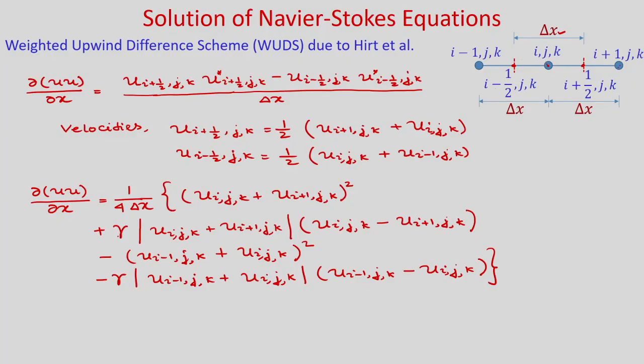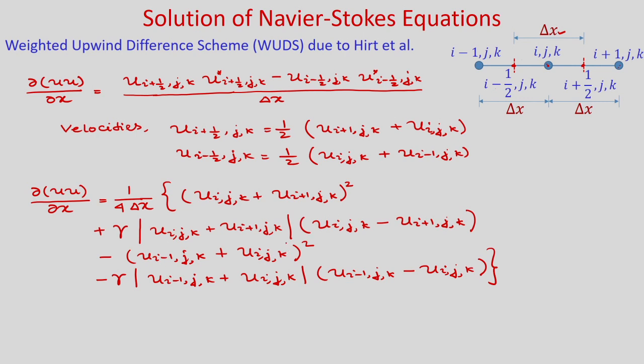So, you see this factor gamma varies between 0 and 1. If you put gamma equal to 0, what are you going to get? This term and this term will become 0, so you are going to get the central difference, because if you use central difference you will get this value for the convected variable. It will be 2 and another 2 from this value, so it will be 1 by 4 delta x, this square minus this square.